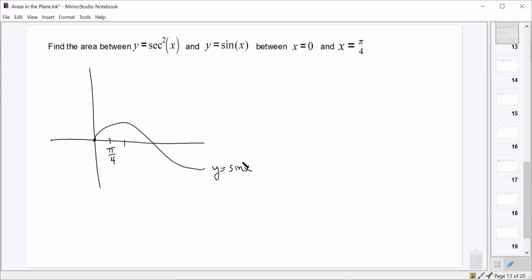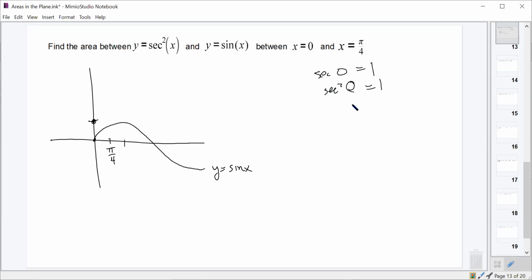So first off, what is the secant of 0? One. Secant of 0 is 1, so secant squared of 0 is also 1. So we know sine hits a max of 1, so that's 1.